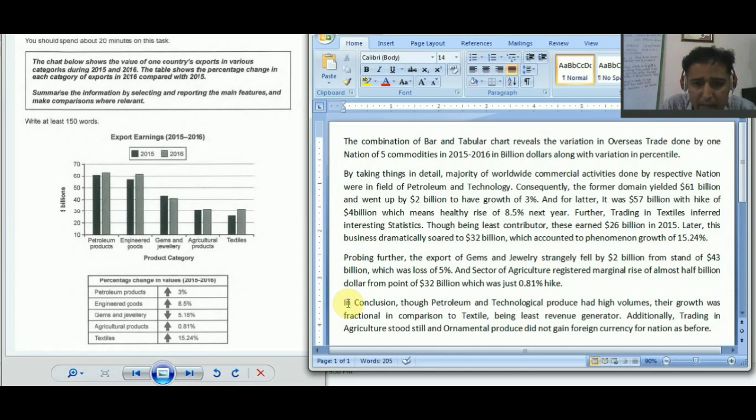Though petroleum and technological produce had high volumes, their growth was fractional in comparison to textile, the least revenue generator. Additionally, trading in agriculture stood still, and ornamental produce did not gain foreign currency for the nation as before.